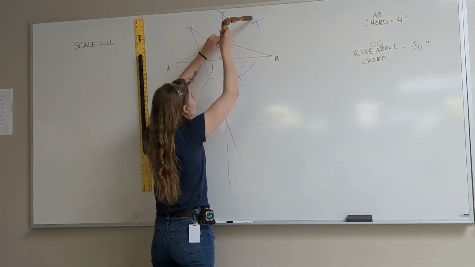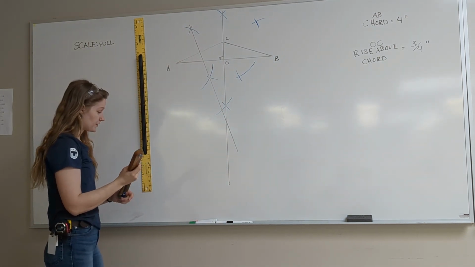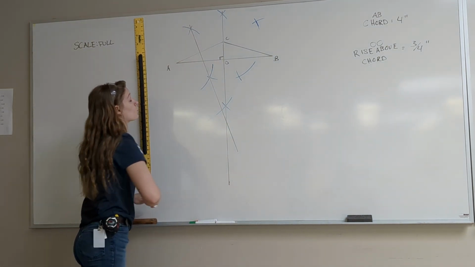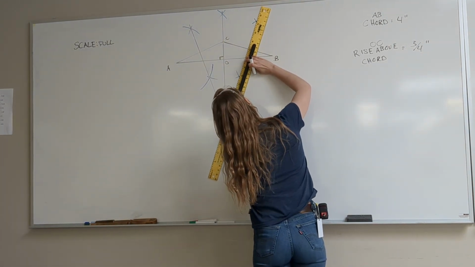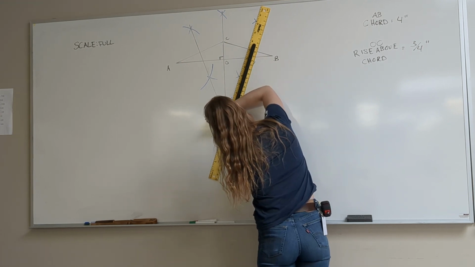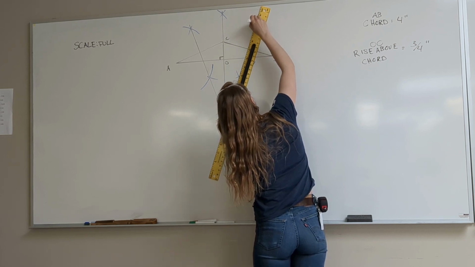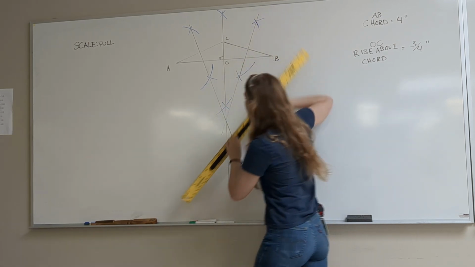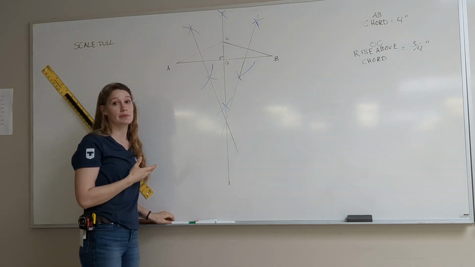I need to make this guy a little longer. And then if this was done correctly, when I go to connect this intersecting line, it should line up at the exact same spot as my other line. If it's not, something's off. Now, that might not be the end of the world for some smaller layouts, but for some bigger layouts, you want to try and be as accurate as possible.